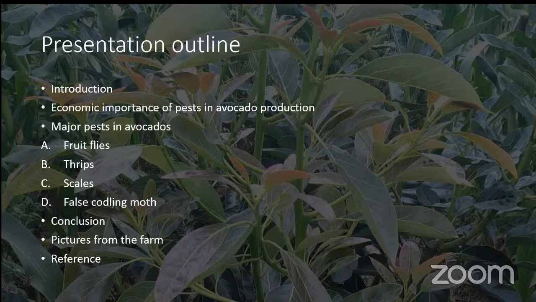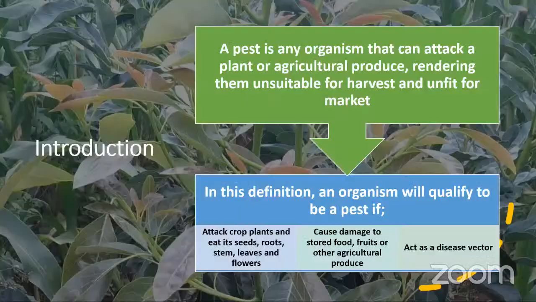Under this, there are 4, which I listed: the fruit flies, the thrips, scales, and the codling moth. Then when we go through the pests and their management, I'll conclude the presentation. Then after the presentation, I'll show you a few pictures from our farm. Then I'll also give you a list of references for those who want to read more about the pest management.